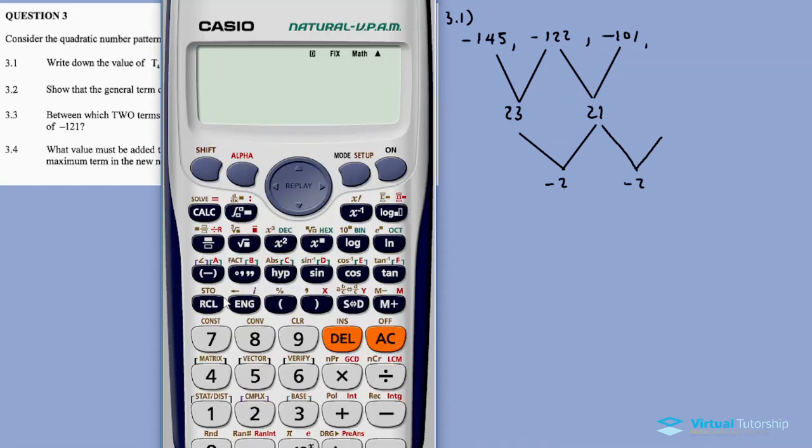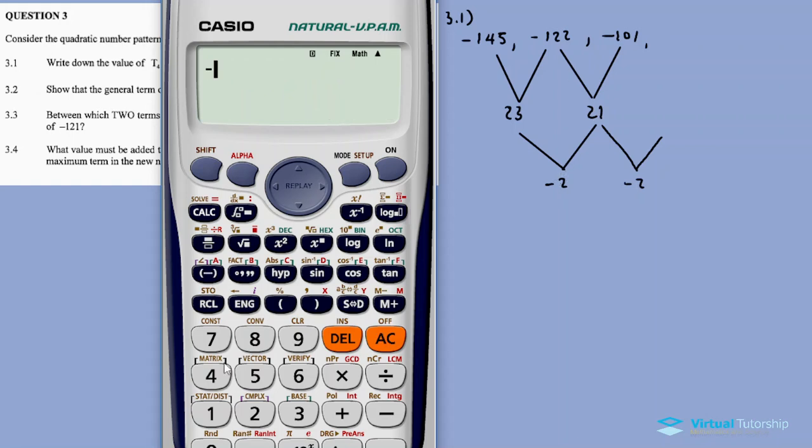So bheka, -122 nangimhlanganisa no 23 buya ngihlanganise no -2 ngithola -101. So chaza ukuthi T4 naye in order ukuthi ngimthole ngiyohlanganisa -101 no 21 no -2 ngizothola T4.